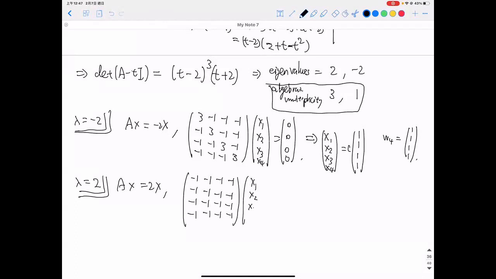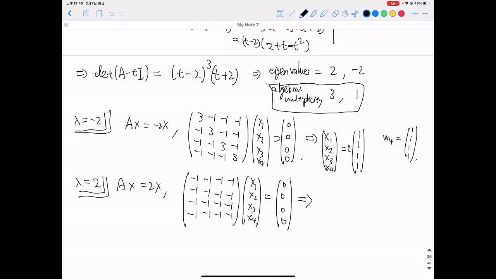Now all 4 equations are the same, so there's nothing really you need to do.